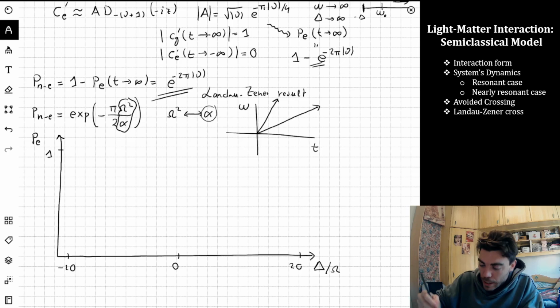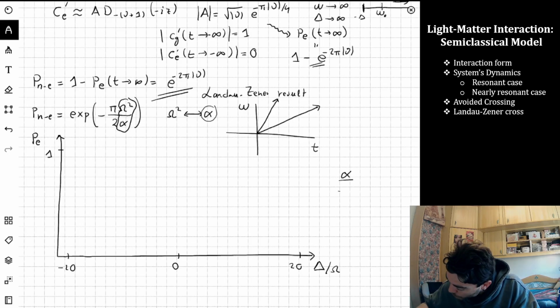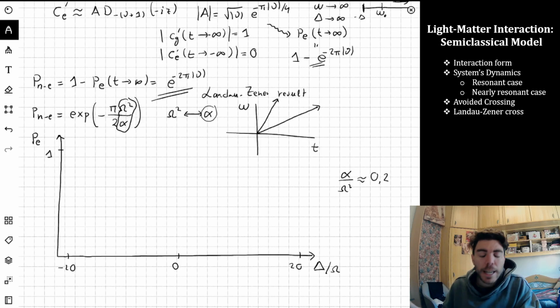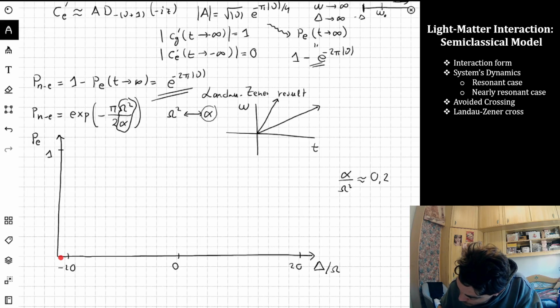Imagine for example that alpha divided by omega square is of the order of 0.2. Here I assume some values, it doesn't really matter. The thing is that it's going to be a small value. Then what you see is that you start at 0, so the system starts in the ground state, and then when you calculate this more complicated parabolic cylindrical function, you see some oscillations, and at around 0 the probability goes up.